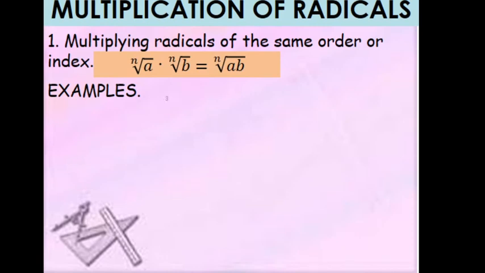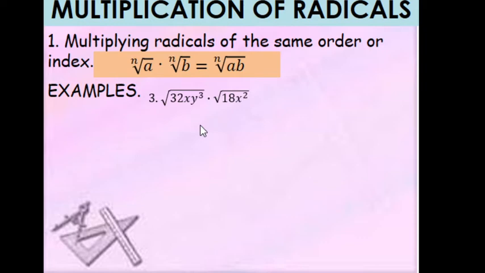Okay, so third example, we have square root of 32xy cubed times square root of 18x squared. So, dito, pareho na silang square root or pareho na yung kanyang index which is 2.